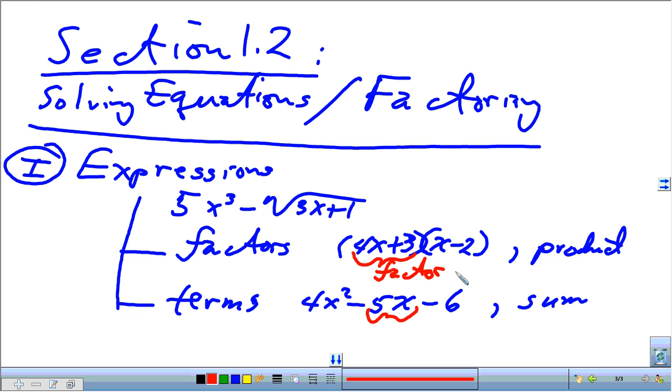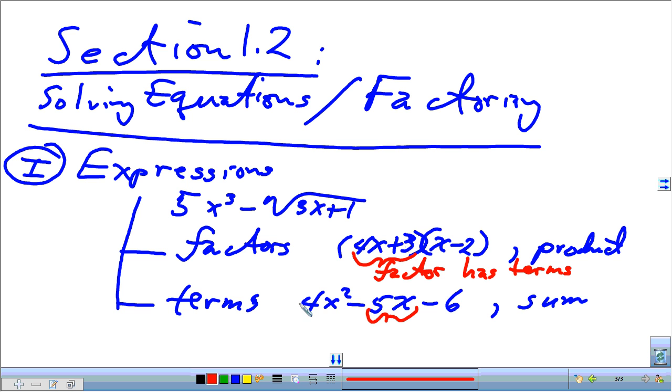So it's possible that some of the factors in the product have terms. But the main expression is written as a product first, and then the factors have possible terms.